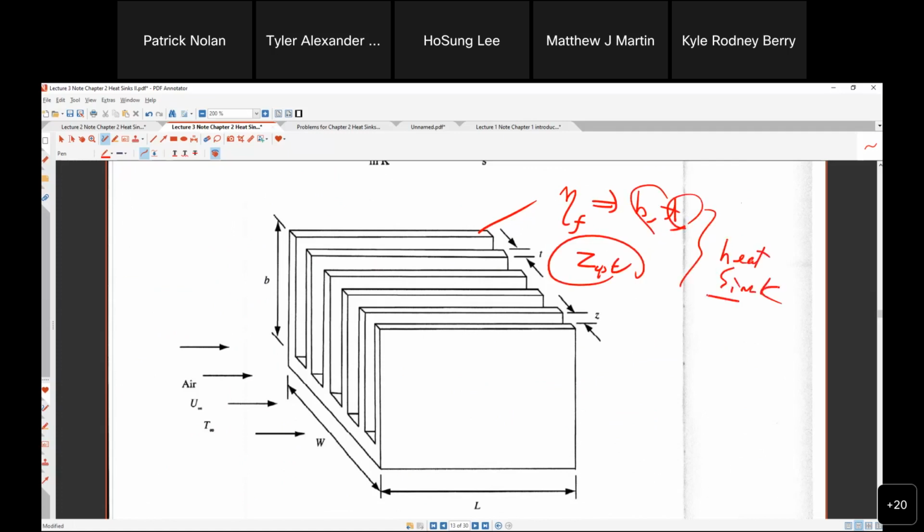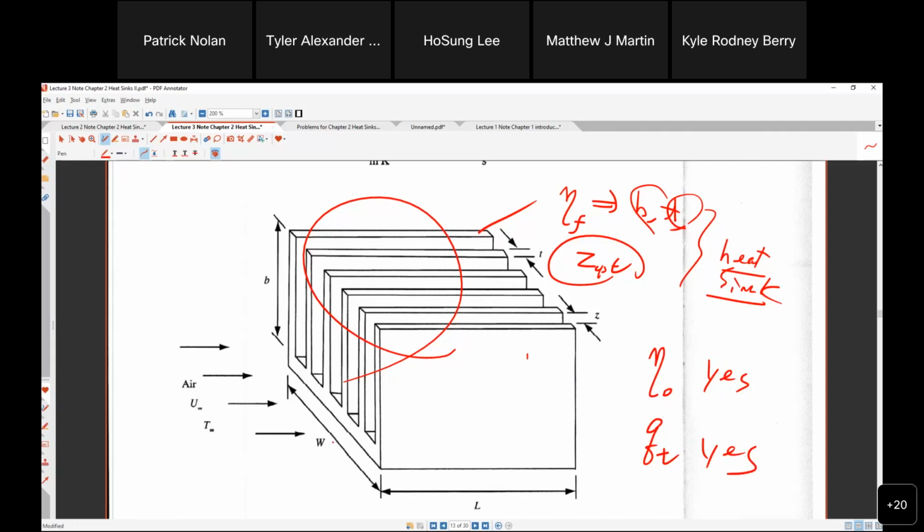I accept. Not exact, but I will accept it. So you can design heat sink. Yes or no? Yeah, I think you can do it. You can design heat sink, and then you can calculate the overall. Yes. You can calculate the total. That's everything. You solved it.